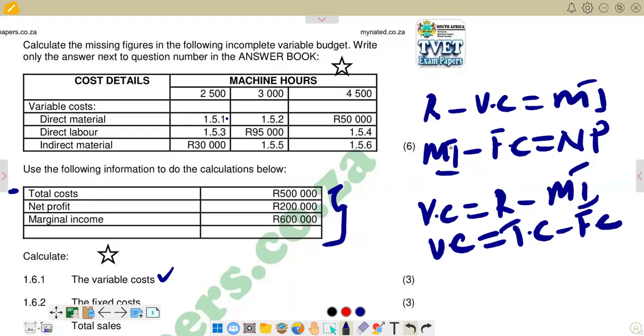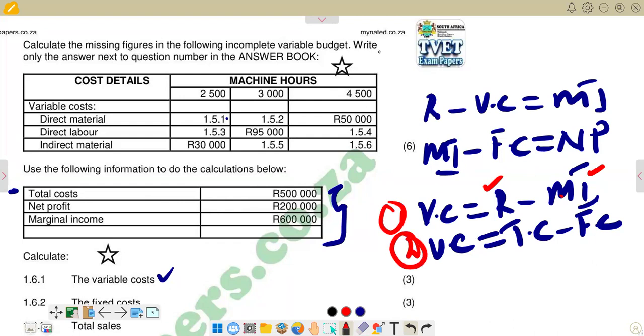To find variable cost using the first formula, revenue minus marginal income, you see that in the question we do not have revenue, and we are not given it there, so it's a problem. Then we can opt for the second method.